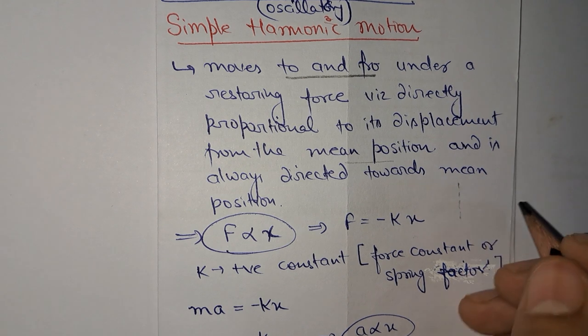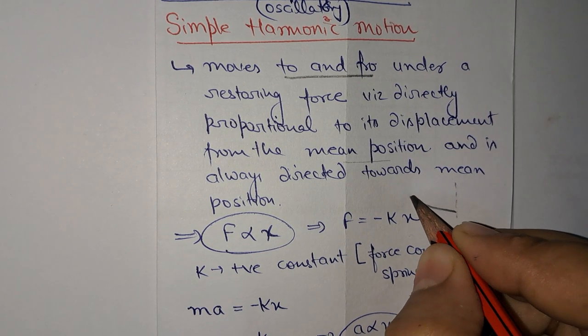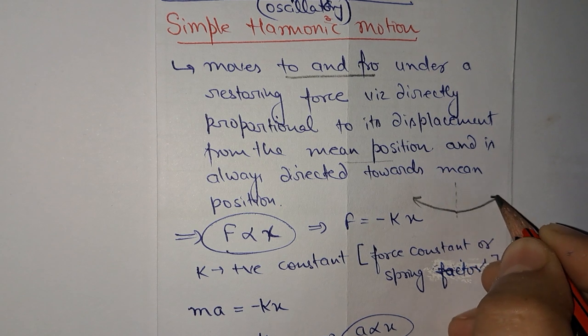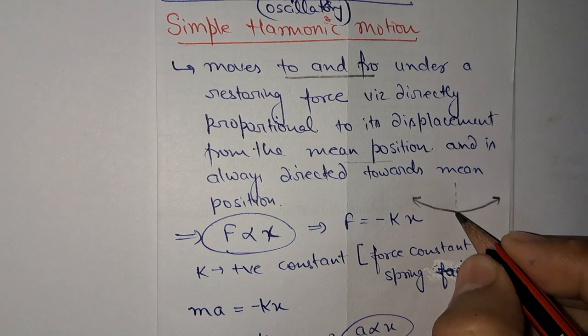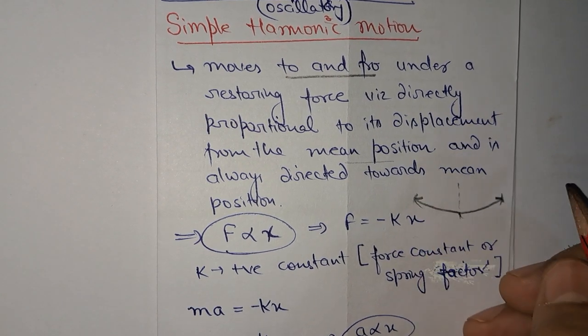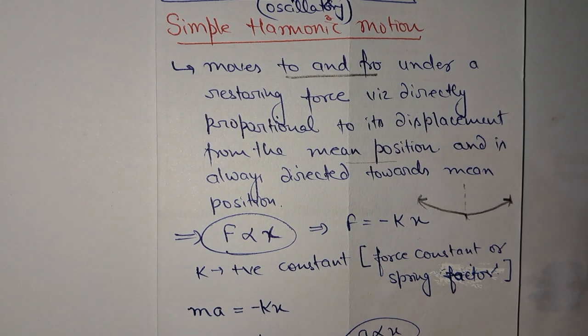Suppose this is your mean position, and this is the displacement. With increasing displacement from the mean position to the extreme position, the restoring force will act much higher, meaning the more the displacement, the higher the force exerted by the restoring force.